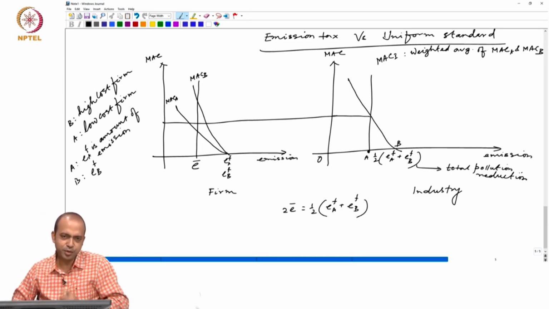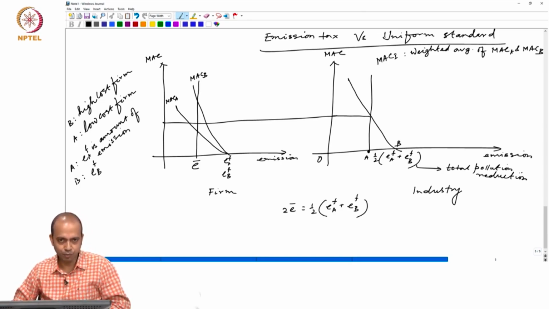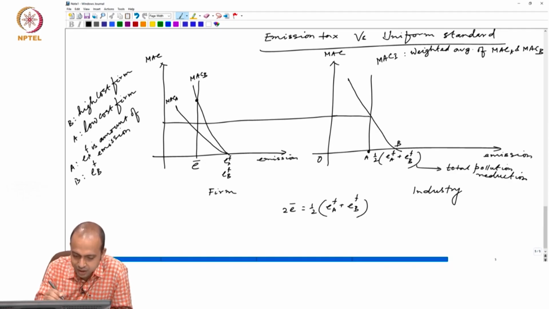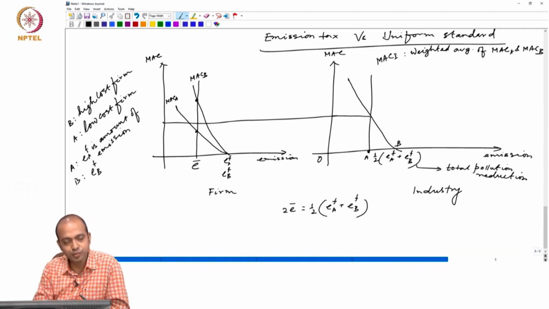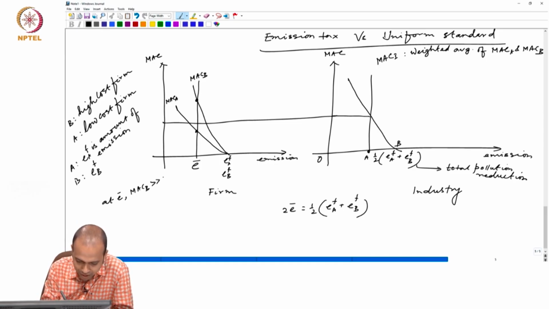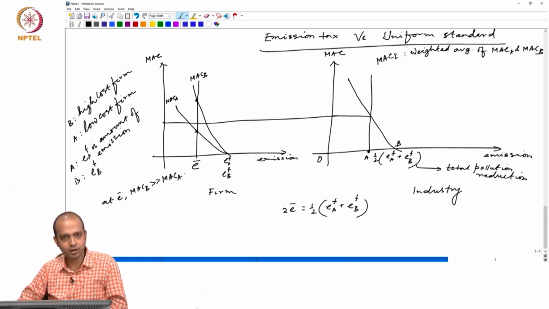Now, what is happening when the E bar amount of control responsibility is distributed among A and B? At E bar, the marginal cost of pollution abatement for firm B is much higher than the marginal cost of abatement for firm A. So, at E bar, MACB is much higher than MACA, right?